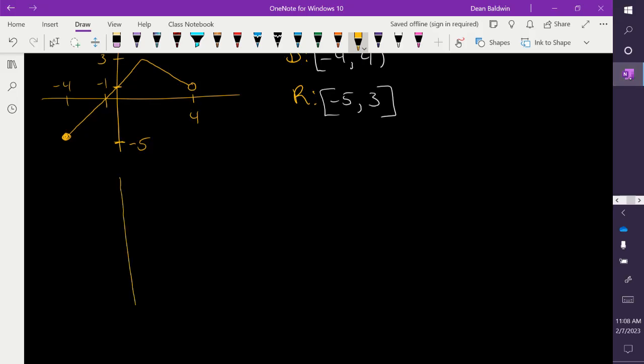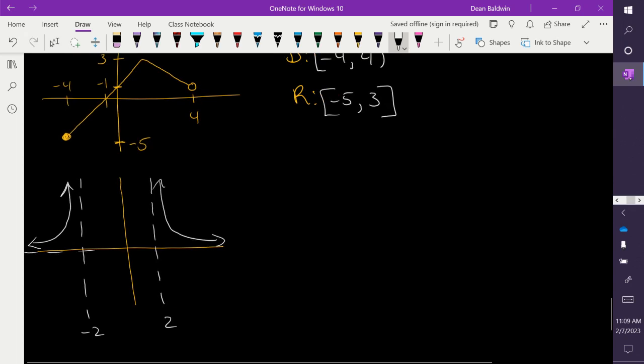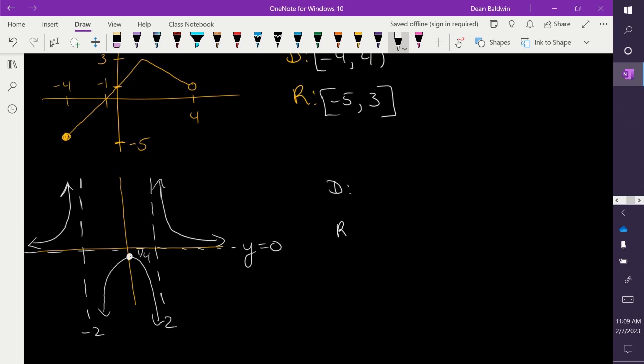Okay, here's our new graph. Remember these graphs?